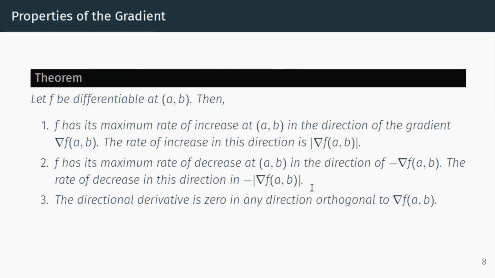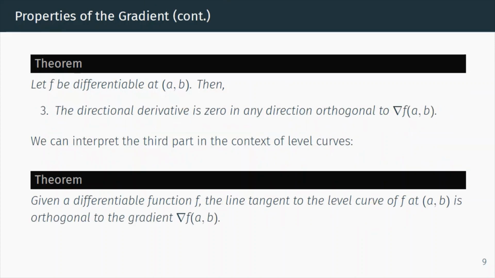And a little property of that would mean that anytime you're on a level curve, you'll be orthogonal to the gradient. So the gradient will be orthogonal to level curves because level curves are where the graph is not changing in height. So that's kind of an interesting feature as well. And that's what this theorem actually says: the directional derivative is 0 in any direction orthogonal to the gradient, so along a level curve.